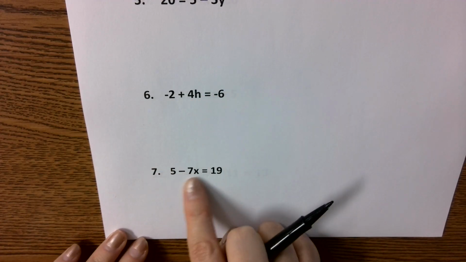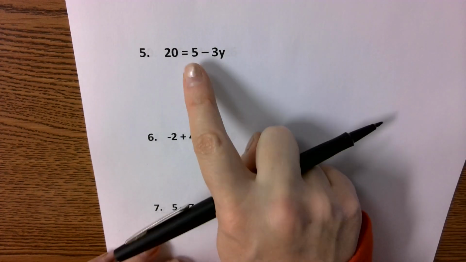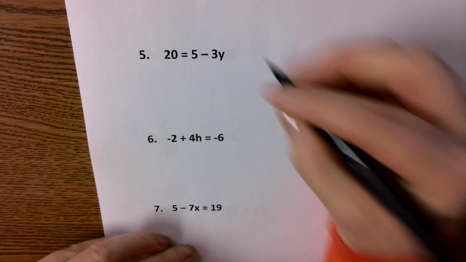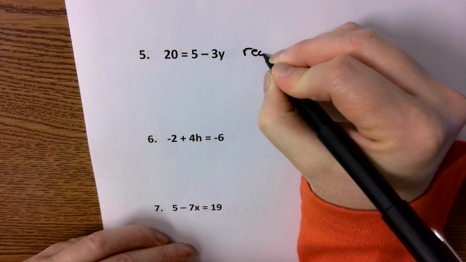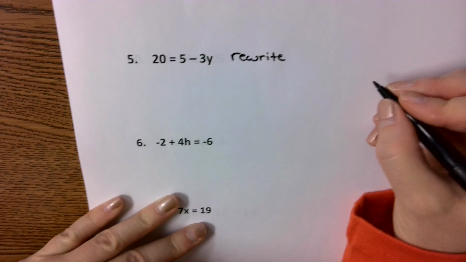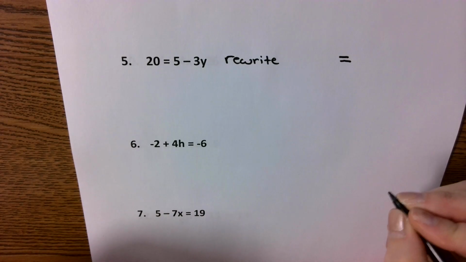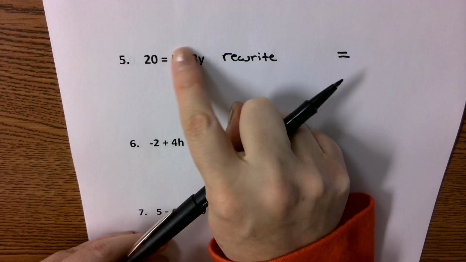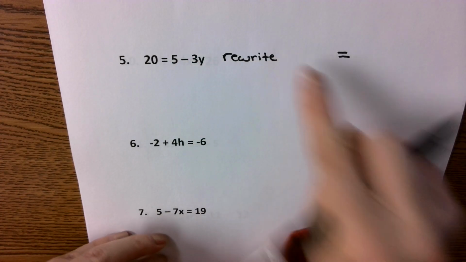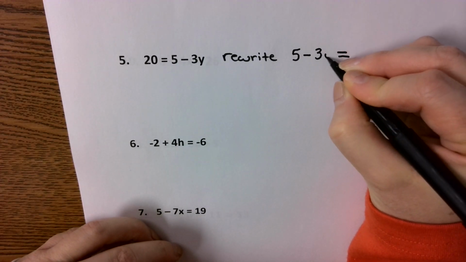Okay, number 7 even has the variable on the left side. But number 5 has the variable on the right side of the equation. So what I want to do is I'm going to go ahead and do a rewrite. I'm going to still have my equal sign, but I'm going to put this information, this 5 minus 3y, on the left side. 5 minus 3y.